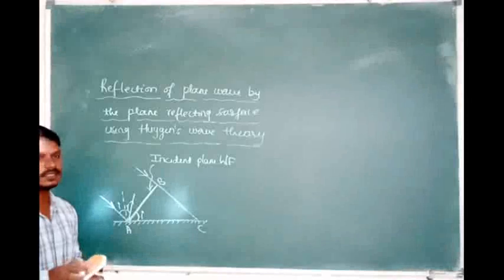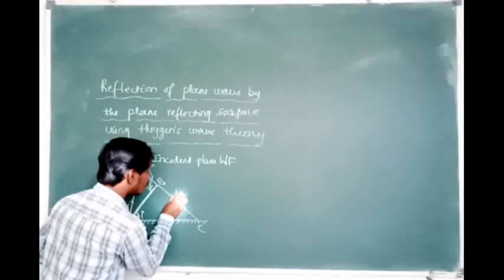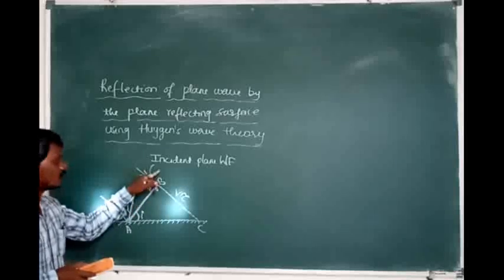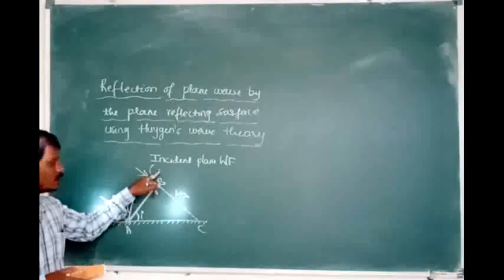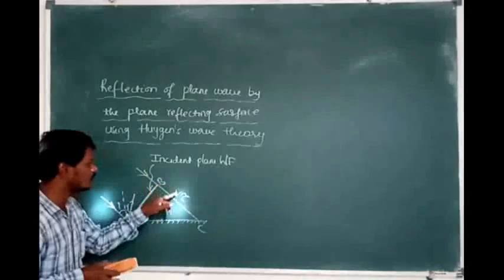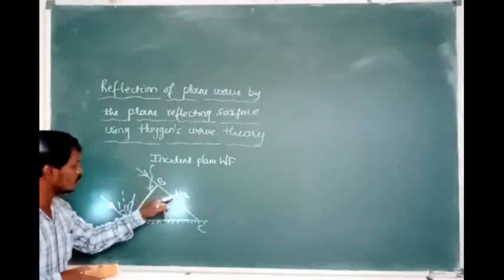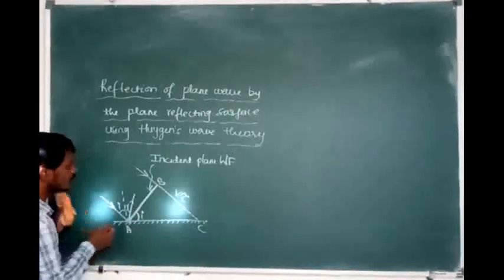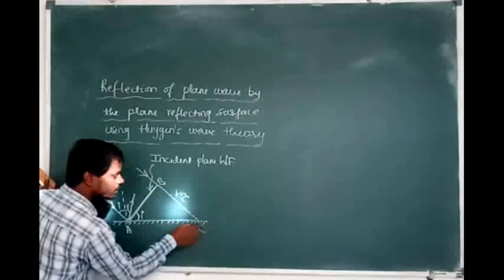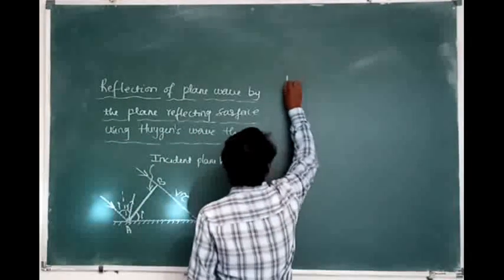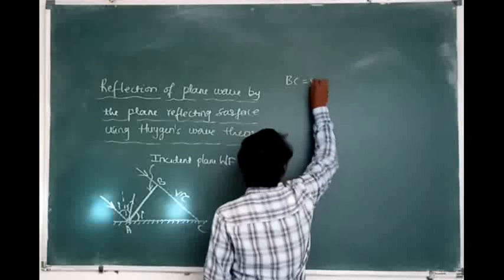Because the speed of light in the given medium can be taken as v, that is v into tau. So v into tau gives the distance traveled by the secondary wavelet from B to C. So BC is equal to v into tau.